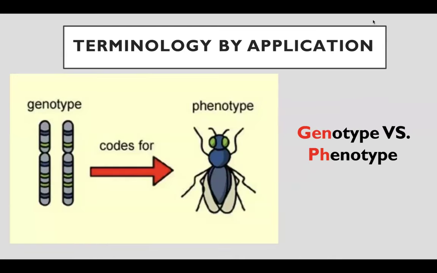Oh, and importantly, organisms with the same phenotype can have different genotypes. How? A homozygous dominant will showcase the dominant trait. Heterozygous will also showcase the dominant trait. So just because something has the same phenotype doesn't mean they'll have the same genotype, which we'll also talk about later.